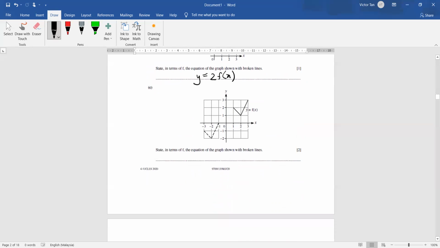Now, this is a translation of minus 4 and minus 3. So this is y equals f(x plus 4) minus 3. If it's minus 4, you put plus 4. That's it.